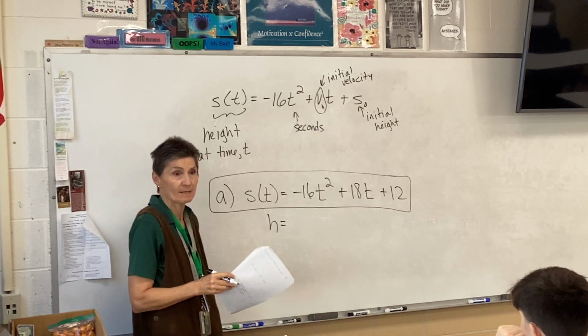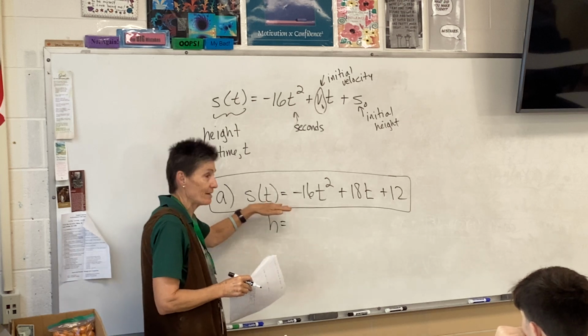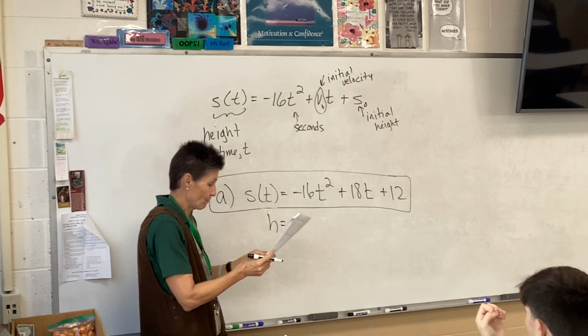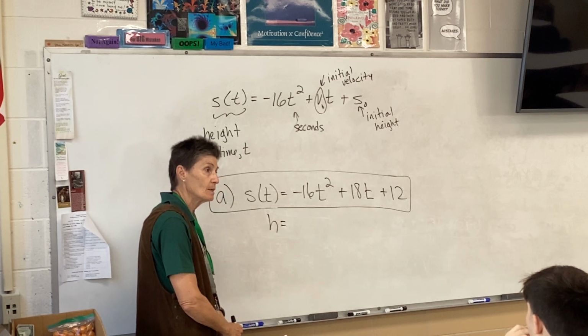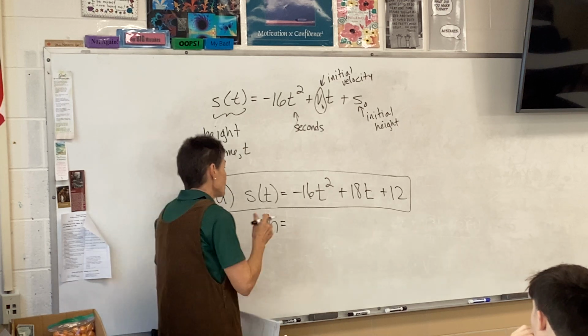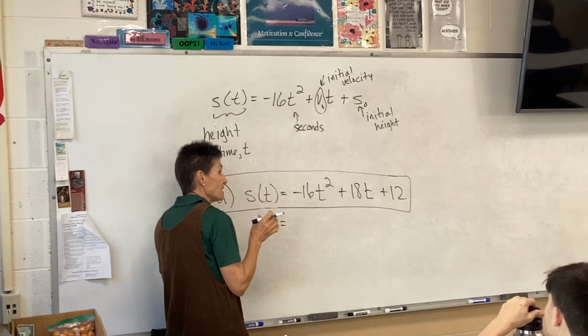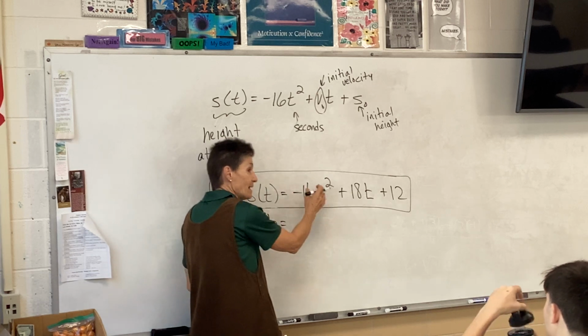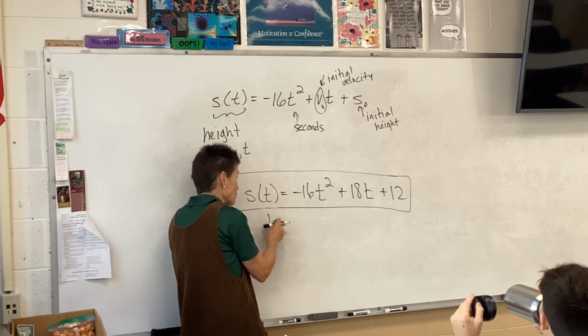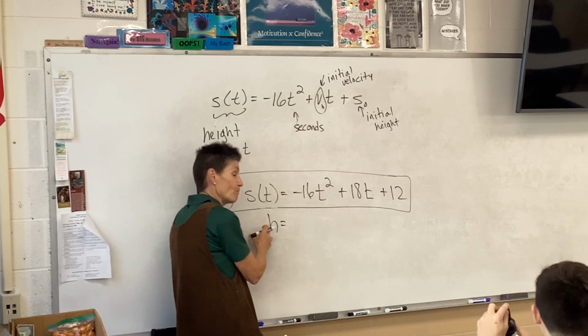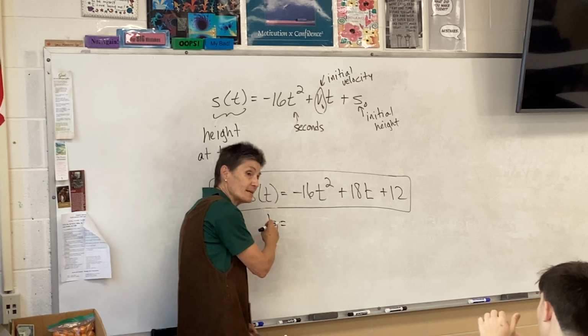All the questions in number 3 are going to use that equation. Okay? Now, when will the ball hit the ground? Now, you guys, I want you to look carefully. I know you're used to seeing equations that have y's and x's. This one has an h and a t. So your variables are height and time.